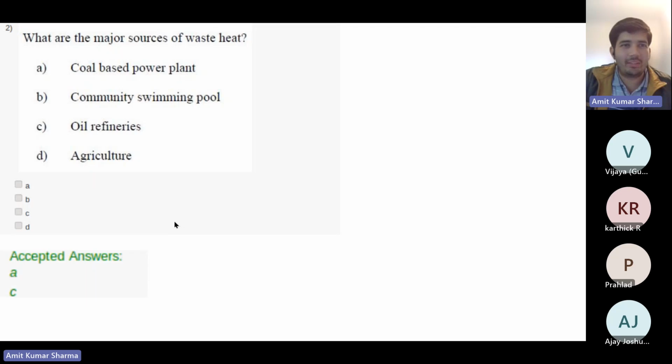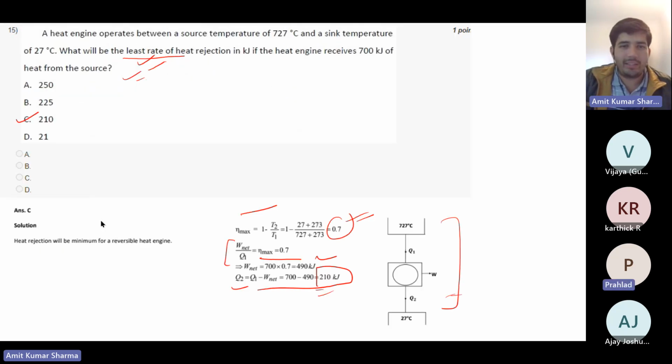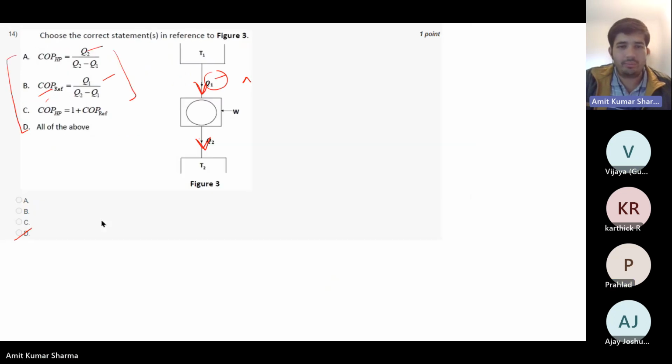I think 15 more questions are there, so you can try these questions. No issue. I think the professor has also mentioned some reference books at the start of the slides, so you can also refer to some books. I will try to add more questions in every slide every week for you to try at your home.